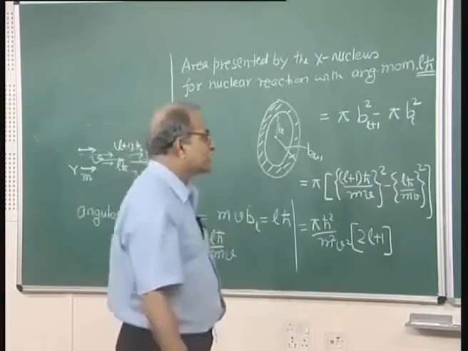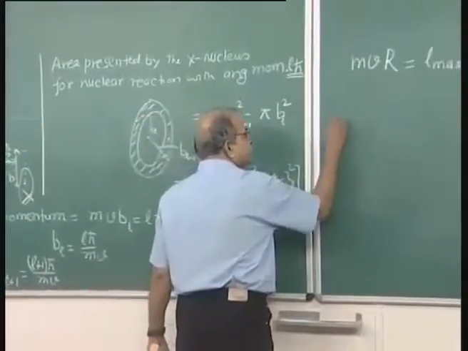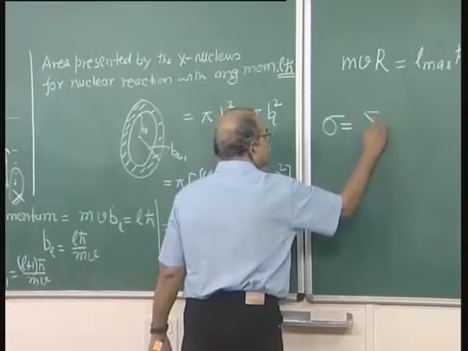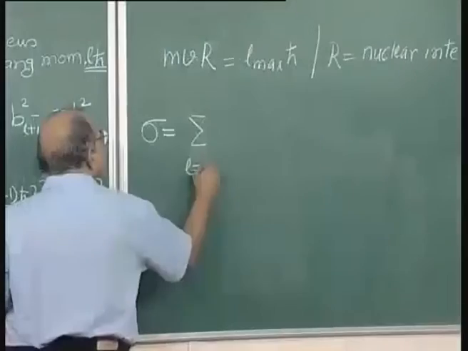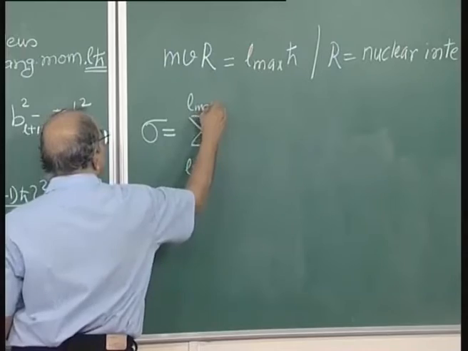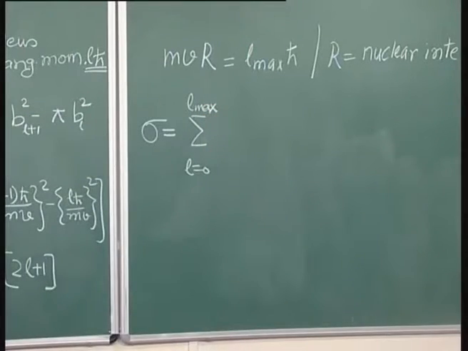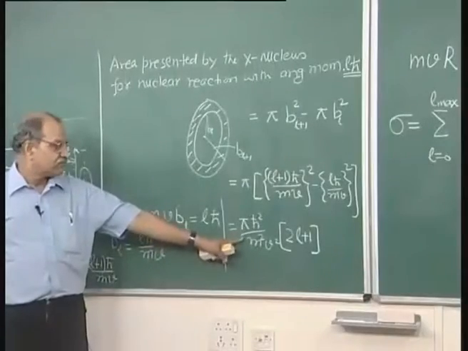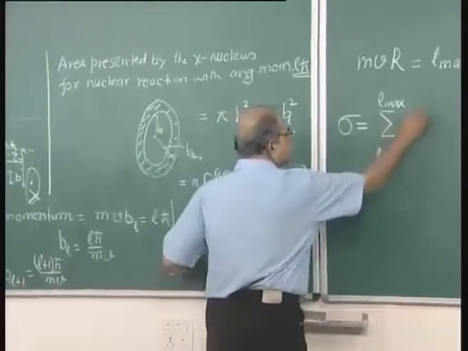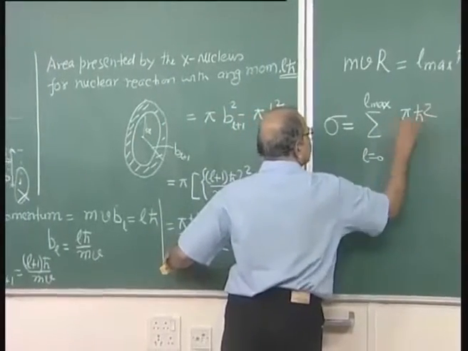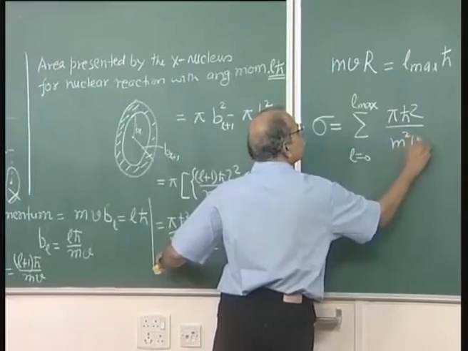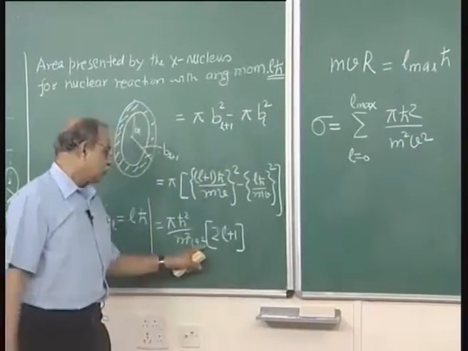So, the cross section is equal to summation L going from 0 to L max of this quantity pi h cross square by m square v square, 2 L plus 1.